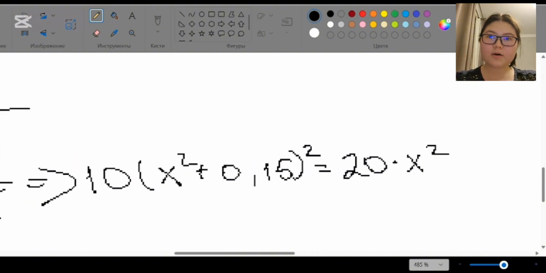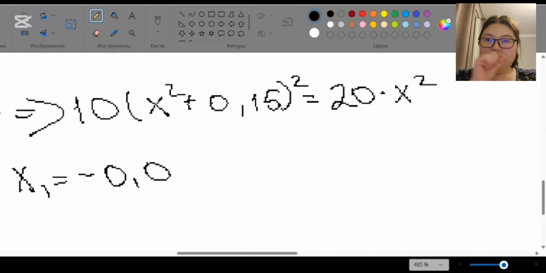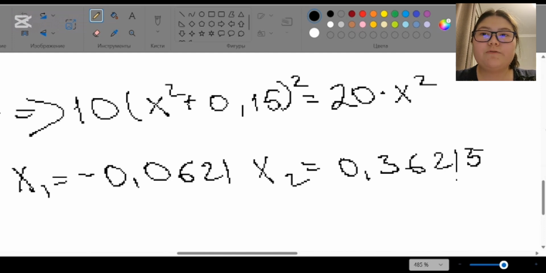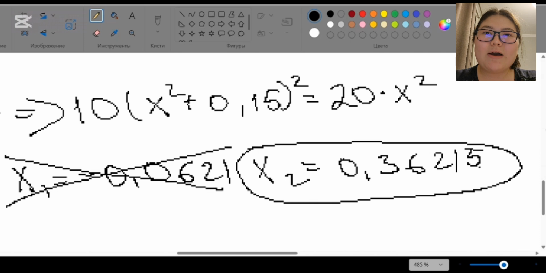Okay, now let's find the x. Here I will use an app to generate it. First value of x is equal to minus 0.0621. The second value of x is equal to 0.362. We're not going to use the first value because it is negative. For the distance, we only use the positive value. Now we found the distance.